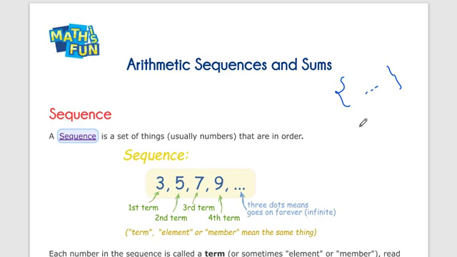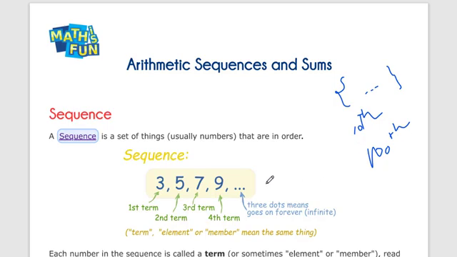Then we also talked about how to find the formula of any sequence. If we know the formula of any sequence, then we can find any term we want in the sequence. Like if we want to find the 10th term or the 100th term.